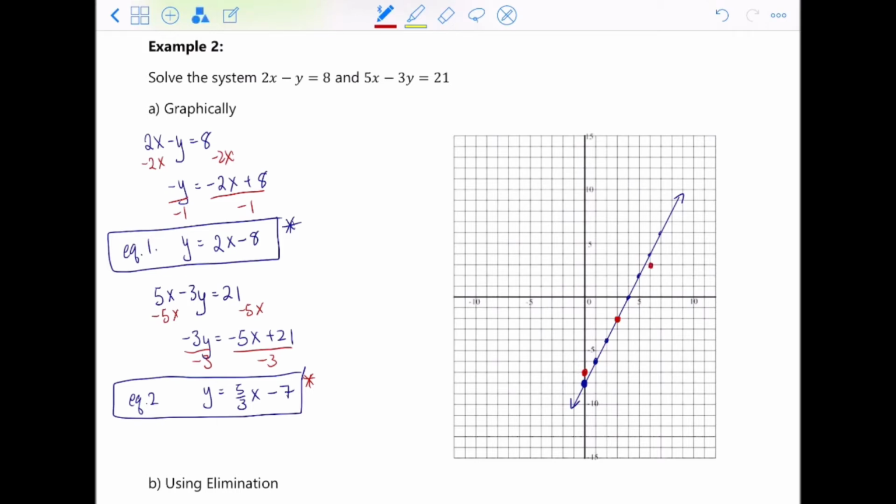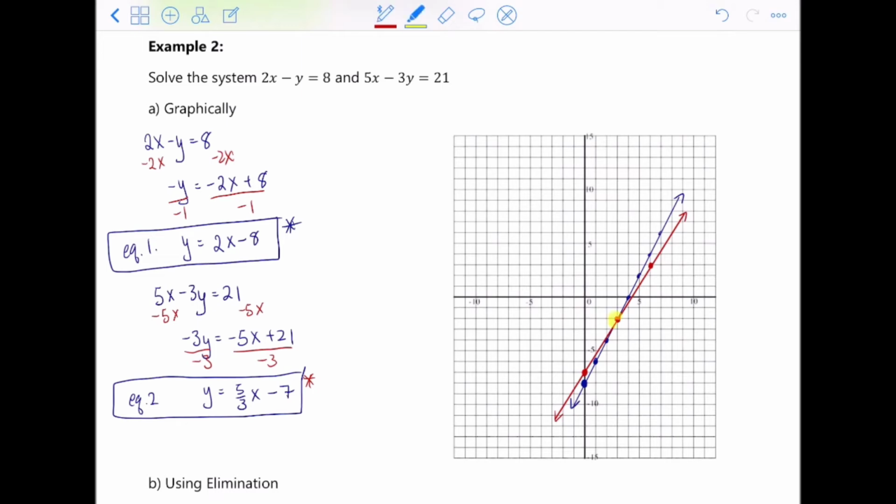Okay, that should be okay. I extended the line. Make sure to always extend it so you can see a little bit more than just that little chunk. All right, so this is equation 2.